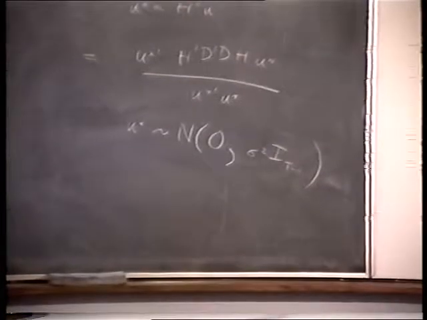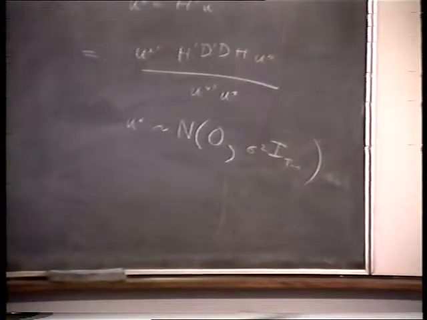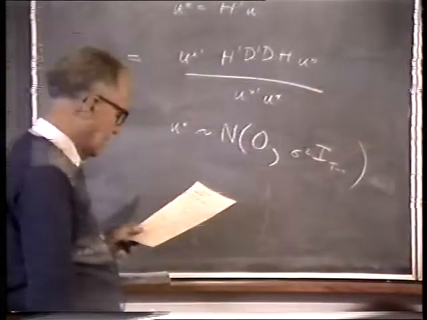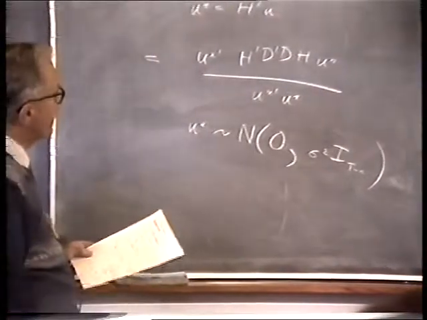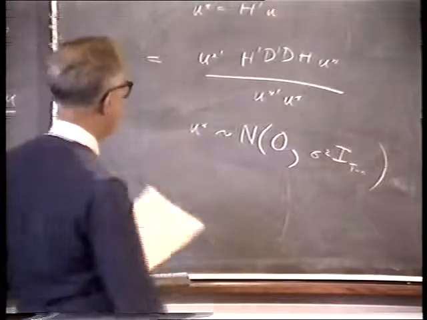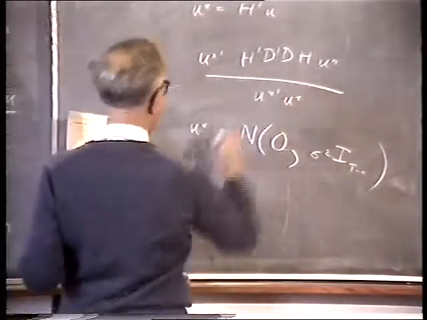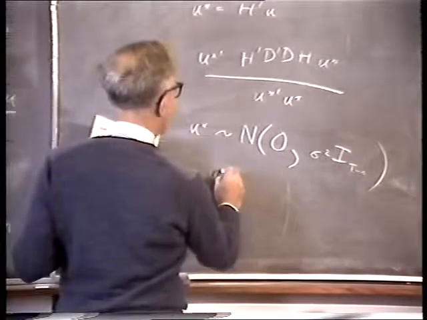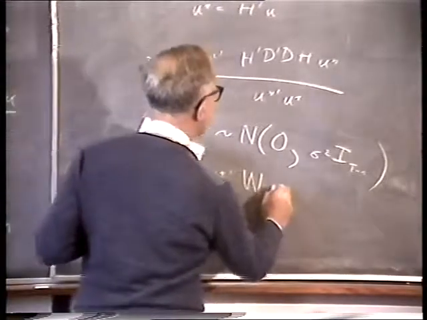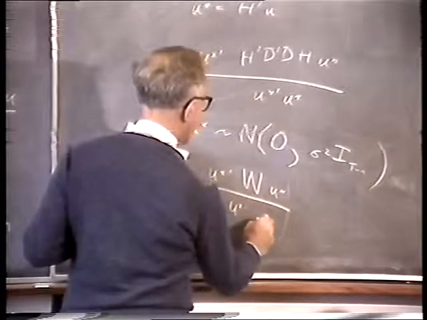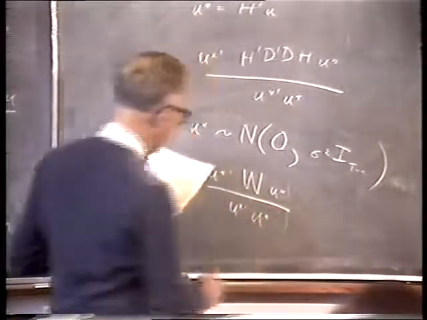Any quadratic form can be in the numerator. But let's proceed at the moment to consider this particular case, and I'll introduce the notation W for the quadratic form in the numerator, or rather the matrix of the quadratic form in the numerator.